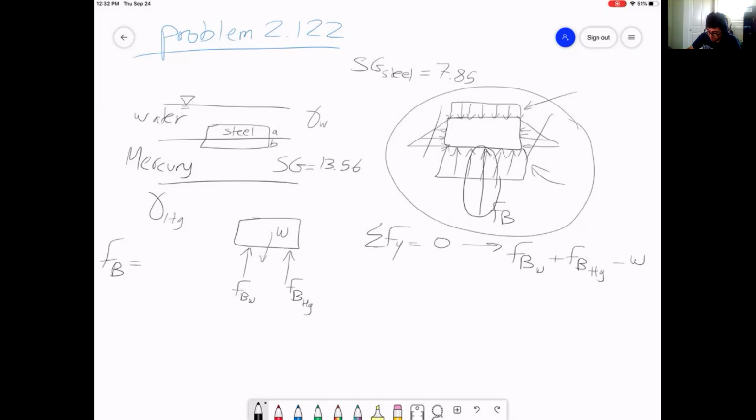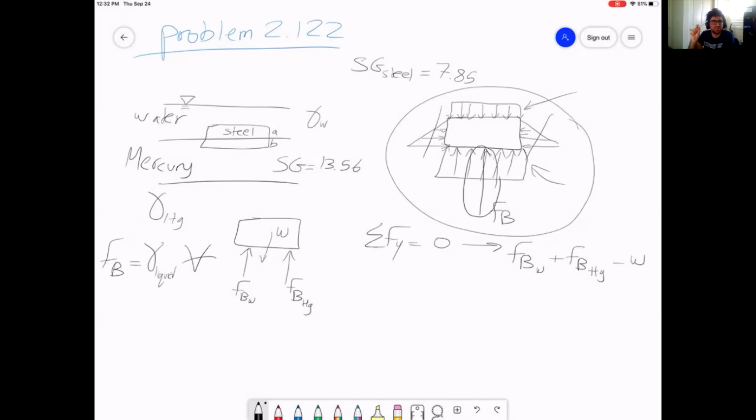Gamma times the volume. Gamma of what, though? Make sure you label all this stuff. Gamma of the liquid, water, times the volume of what? Of the object that's in the water. The part of the object, exactly. Good, very good.